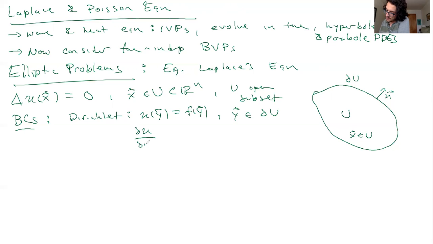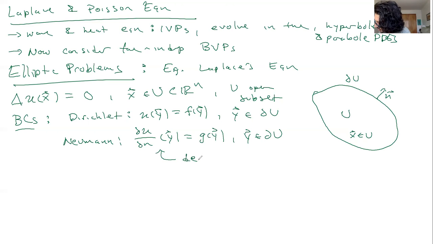And Neumann are going to be conditions on the normal derivative to the boundary. It's equal to some function g defined on the boundary. So this is our derivative normal to the boundary. Great. So this is Laplace's equation.